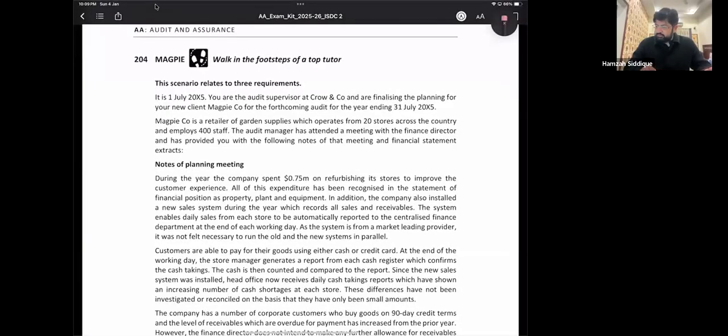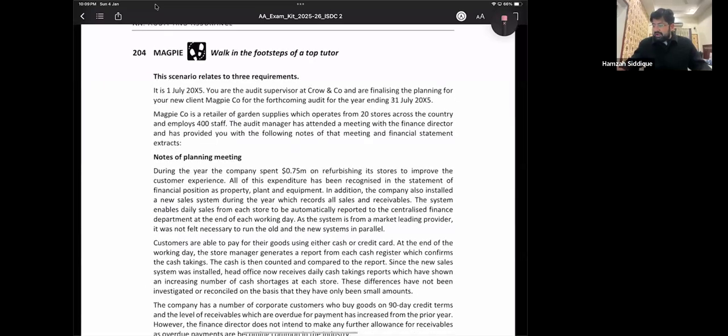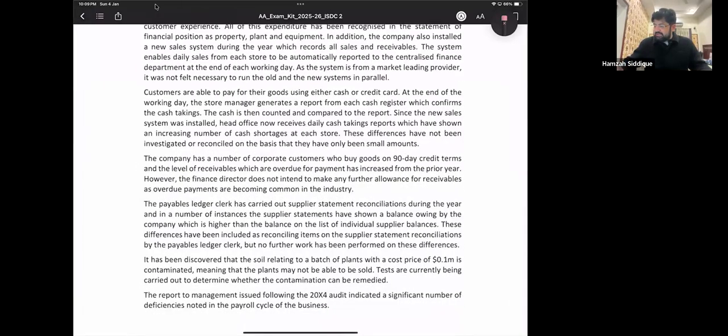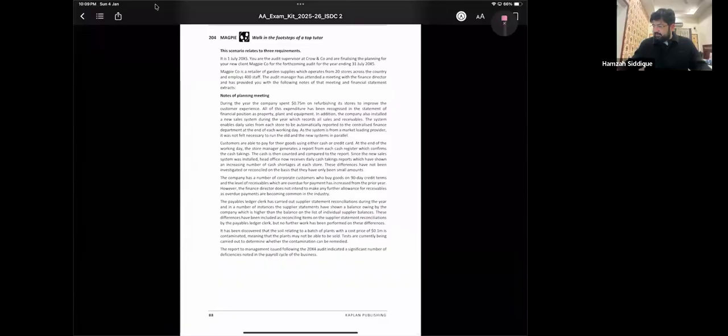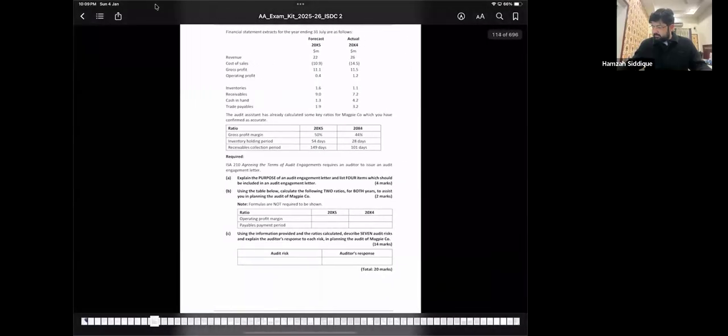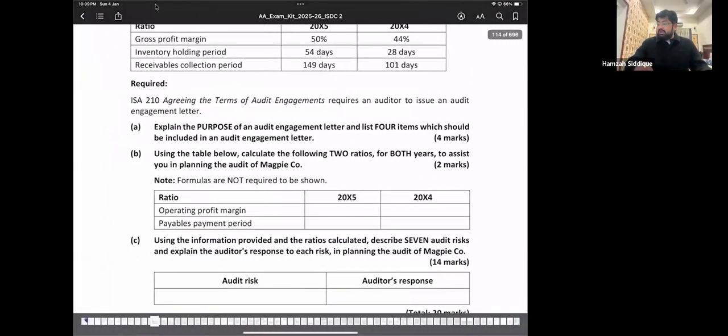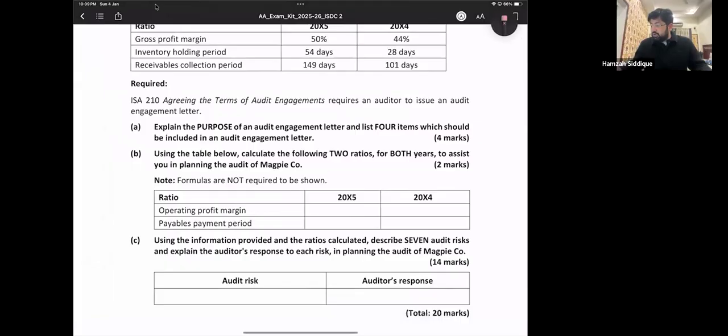Yes, students. Now, so Magpie company, the requirement is again the same. But here they ask you to calculate two ratios for both years.